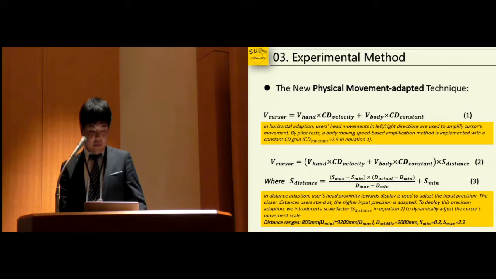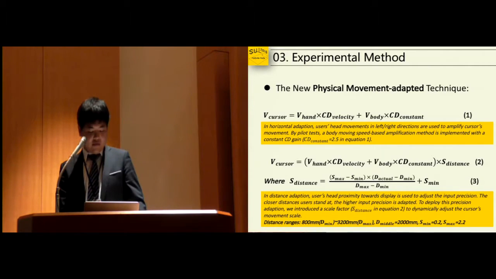For example, when the user moves towards the left to select a target on the left side of the display, an increment is added to the cursor's speed. As the first equation illustrates, in distance adaptation, a dynamic scale factor is multiplied to the cursor's speed to realize different selection precisions.